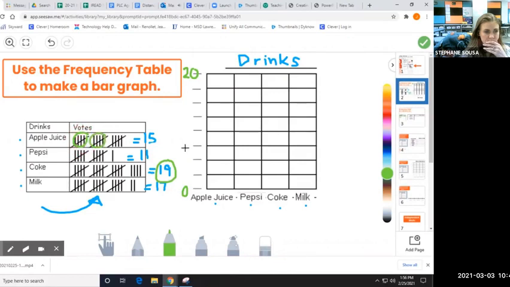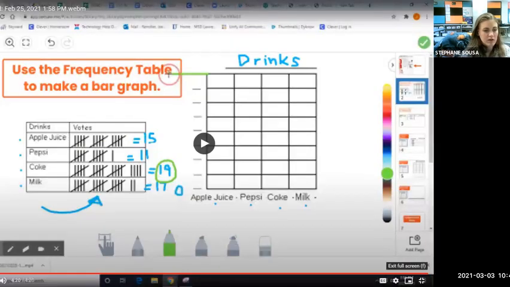So it might make sense for me to use a scale of 5. I could start at 0 and count to 5, 10, 15, and 20. Notice that I don't have to go all the way to the top of the graph. It's okay to stop near the middle as long as all of your data is less than your last number.